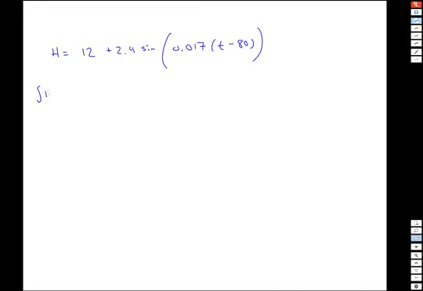So the integral of h dt, actually, let's just do it on the same line rather than complicate our lives. There we go. So we're going to integrate this with respect to t, and that's going to equal the integral of all of this with respect to t. So let's do the super easy part. If we have 12 and we're integrating, we get 12t.